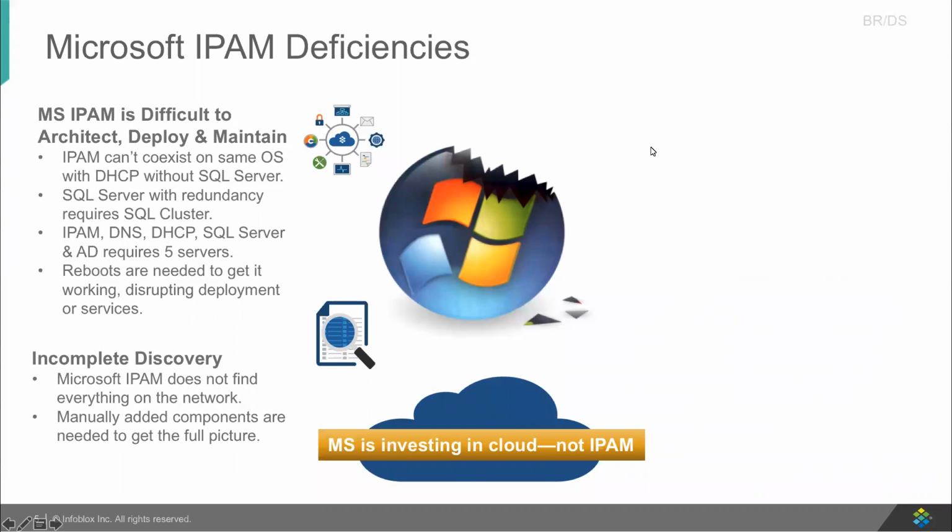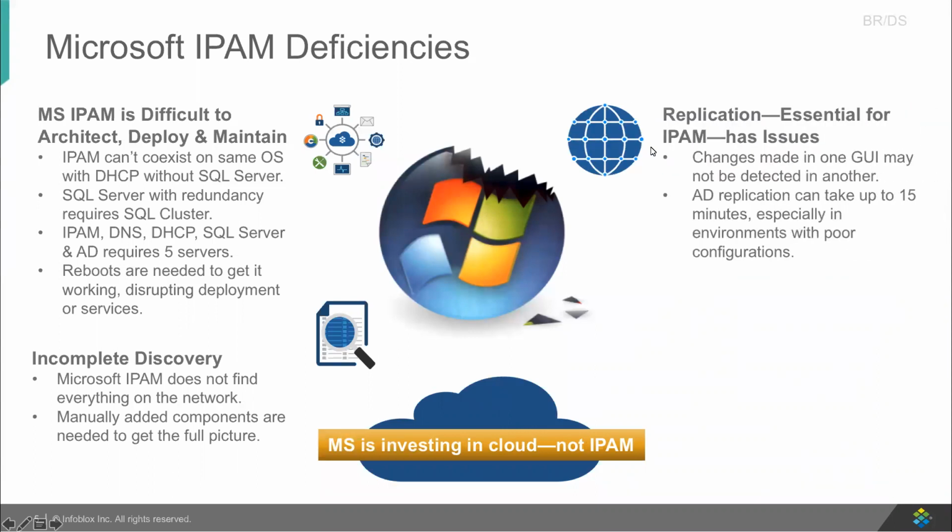So that incomplete discovery is a key issue. Replication is another challenge because changes that are made in one GUI may not be detected in the other, and Active Directory replication could take up to 15 minutes, especially if you have an environment with poor configuration. So that's really a challenge as well.